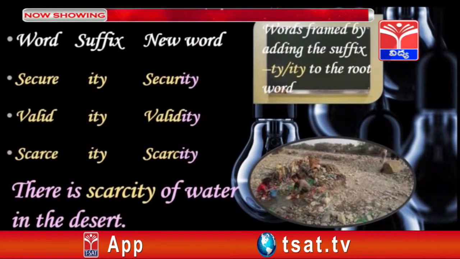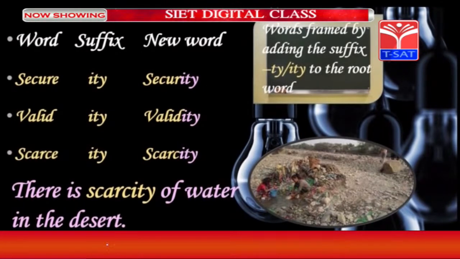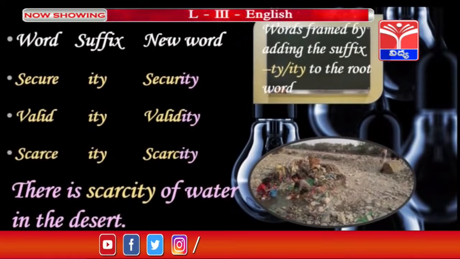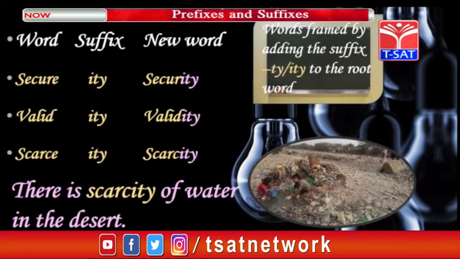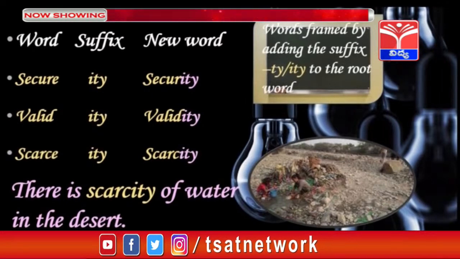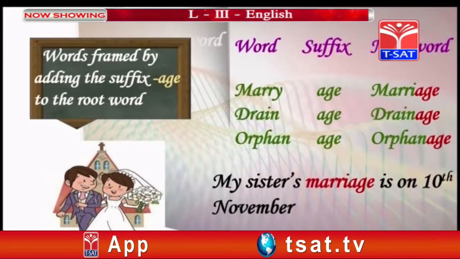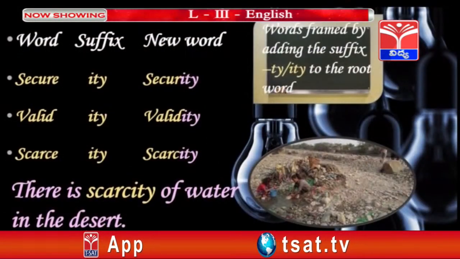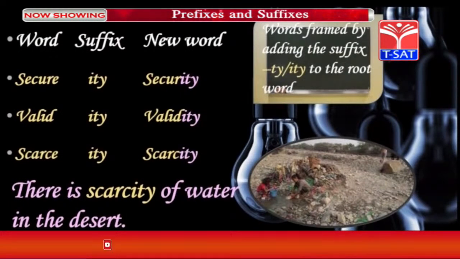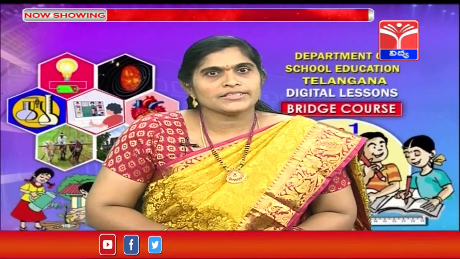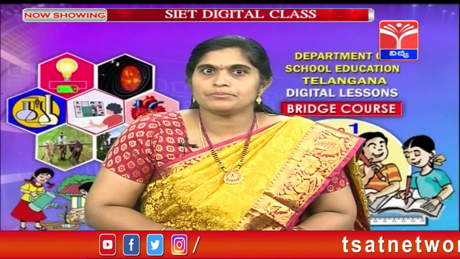In the same manner, valid, by adding -ity, becomes validity. In the same way, scarce, by adding -ity at the end of the word, becomes scarcity. There is scarcity of water in the desert. Let's go with another example.